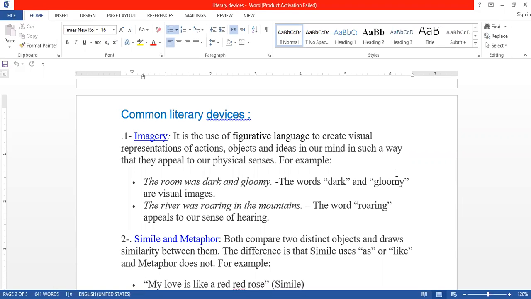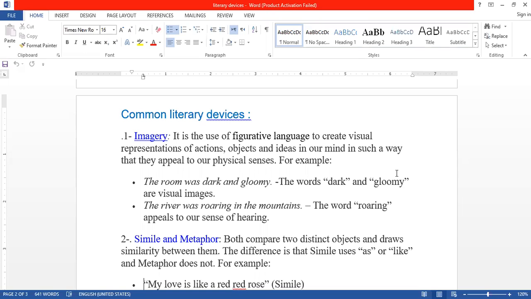Look at the given example. The room was dark and gloomy. For example, you are reading this sentence from a short story, from a passage. Yes or no? Automatically you will start imagining this room, dark, gloomy, and so on. Some feelings will pop up in your heart.